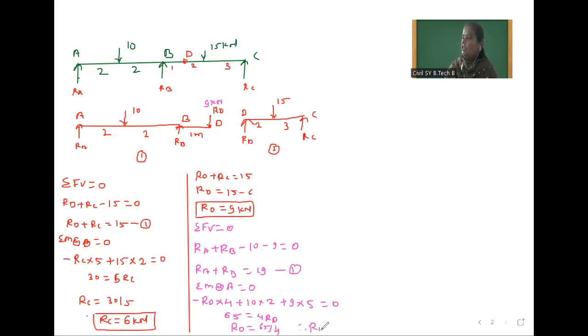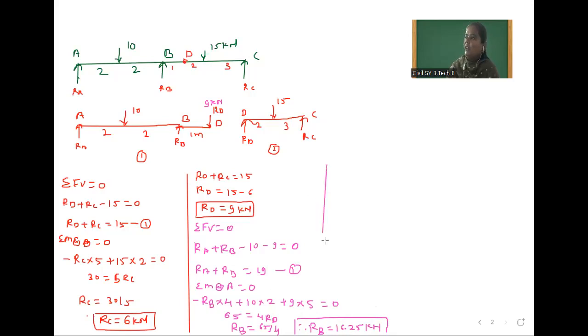Therefore, RB, which is equal to 16.25 kilonewton. Now we will put this value of RB in equation 1 and then calculate the value of RA.